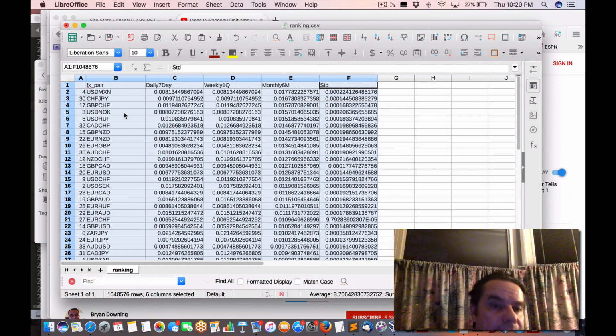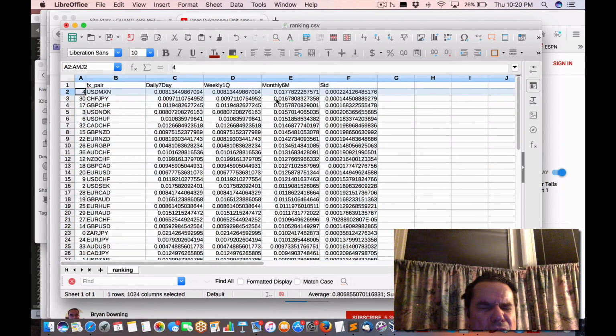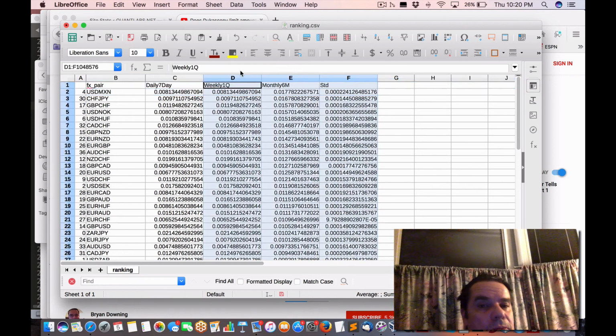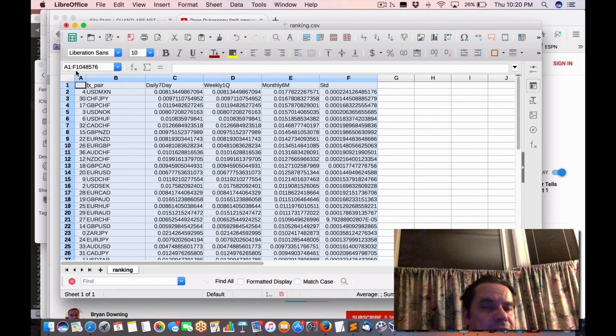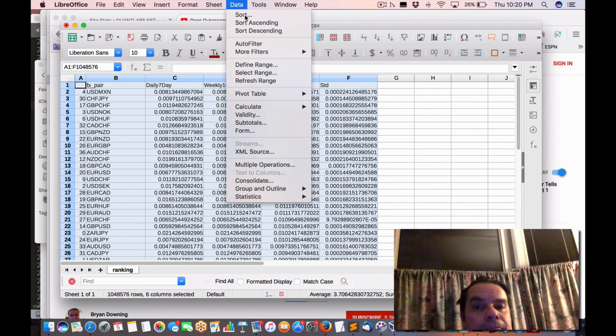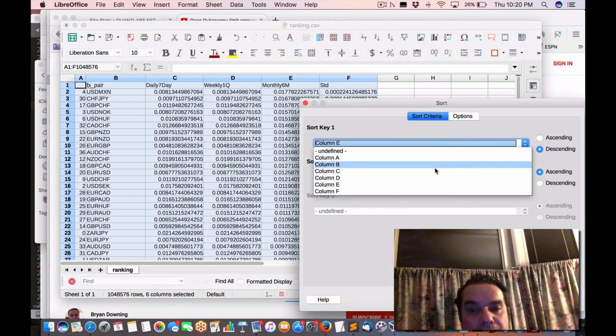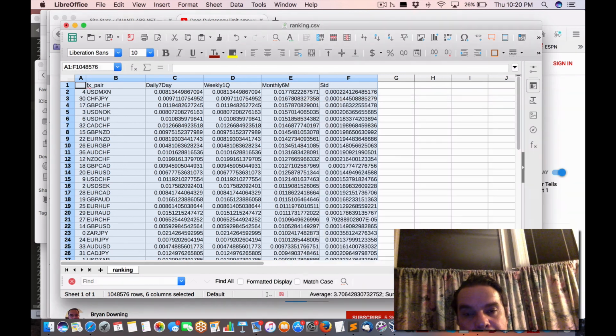Okay, so in this case, things have changed over the long run: US dollar, Mexico, Swiss franc, Japan, British pound and Swiss franc, US and the Norwegian krone. Lastly, we will do this same test for the standard deviation, which is column F.